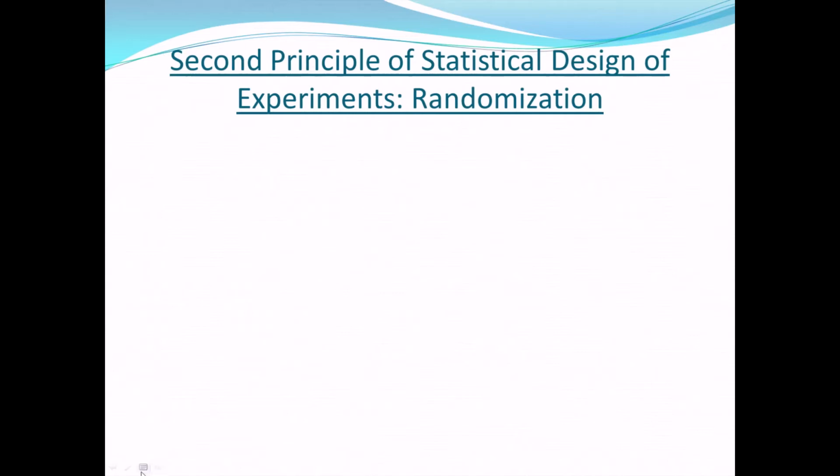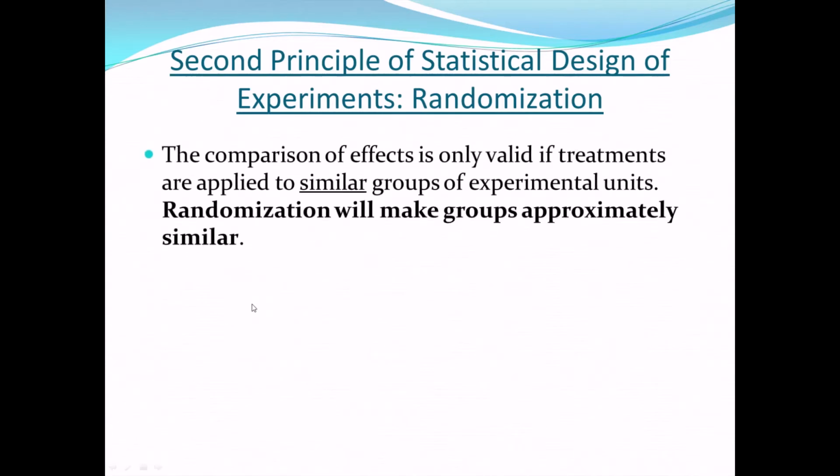If you are able to randomize those 9 people into the two groups, you can cancel out or nullify that systematic characteristic that they're bringing into the experiment. So comparison of effects is only valid if treatments are applied to similar groups of experimental units. They don't have to be identical. They can never be identical, but if you can make them similar, then whatever characteristics they bring into the experiment can't be confounding because they're equally spread in both directions.